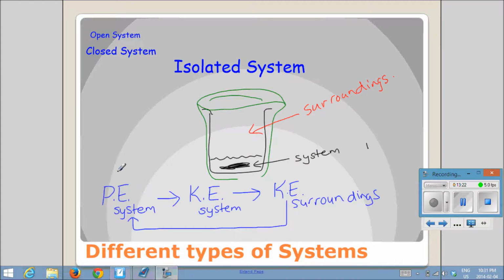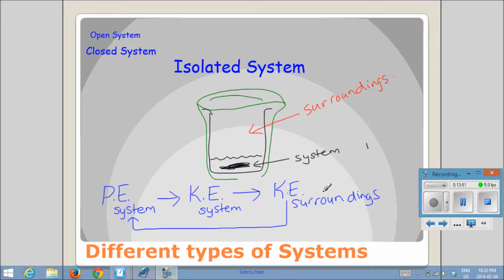we have potential energy of the system, the chemical system. It's being released, the kinetic energy of the system, so it's either speeding up and moving around, and that energy is transferred directly to the surroundings. So if it's a perfect isolated system, we can figure out what's happening in the surroundings, and we can equate it or directly relate it to what happened in the system, the potential energy change within the system.